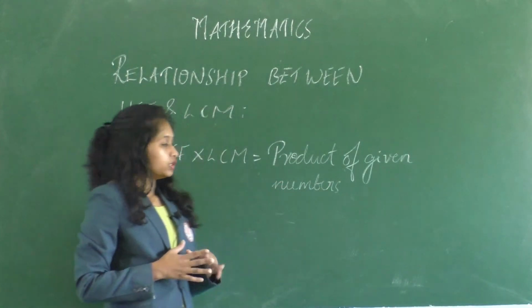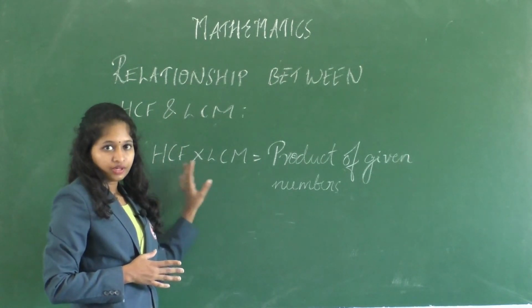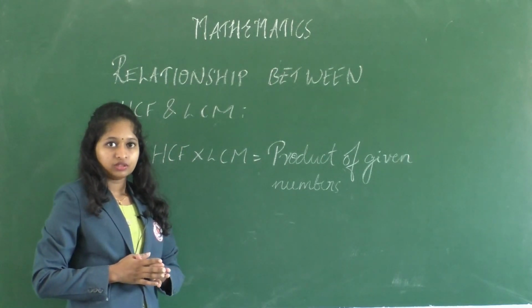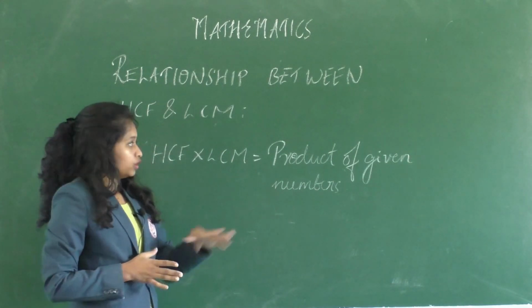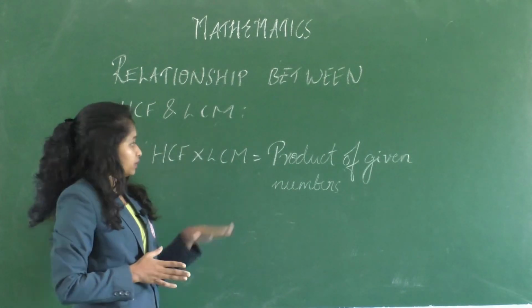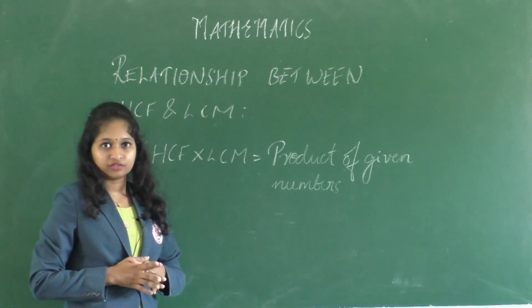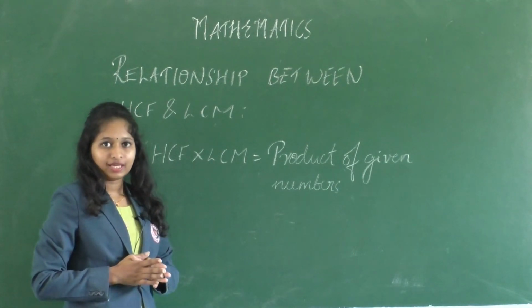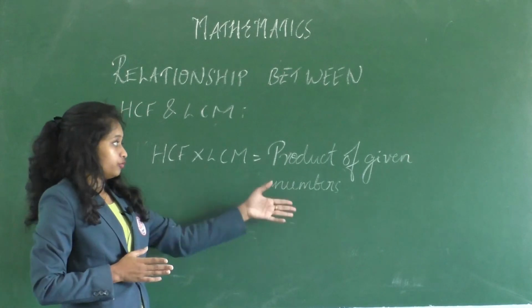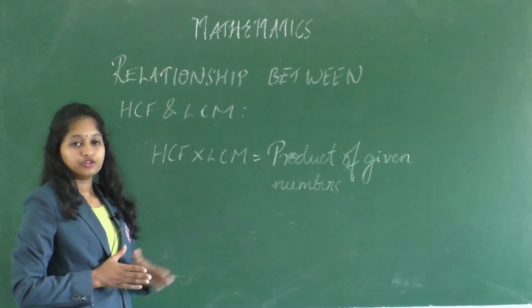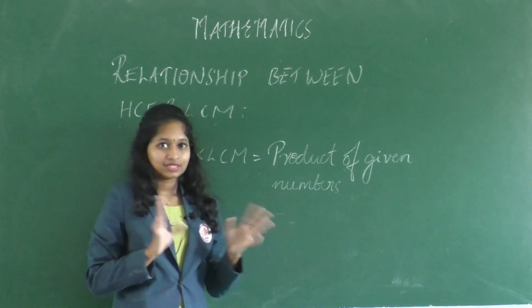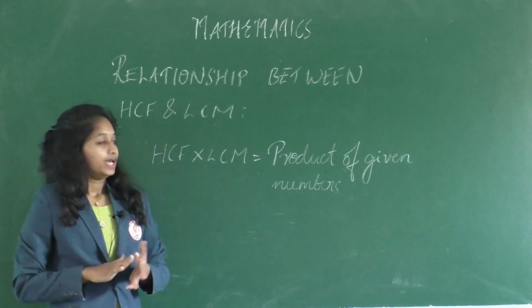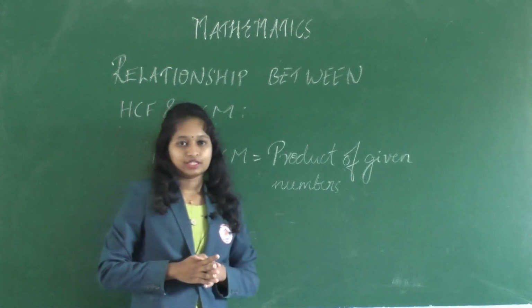So if HCF and LCM are given, and you multiply both, we get the product of the numbers. Or if the product of the numbers and the LCM is given, we can find the HCF. Or if the HCF and the product of the numbers are given, we can find the LCM. So this is the relationship between LCM and HCF.